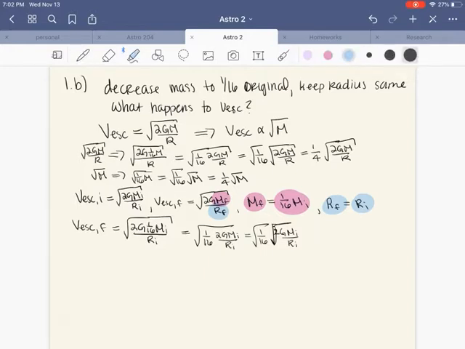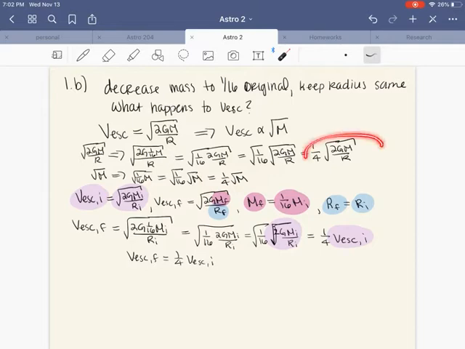I've got this, which is equal to my initial escape velocity. And that gives me my answer: my V escape final is 1/4 V escape initial. That's the same answer that I got up here the quick and dirty way, but this is very much written out and tells you exactly their relationship.